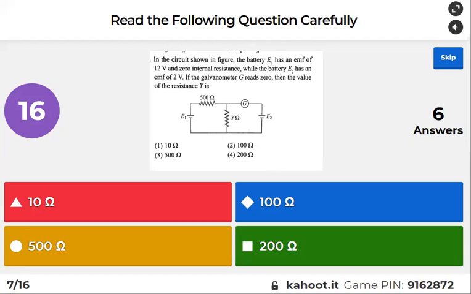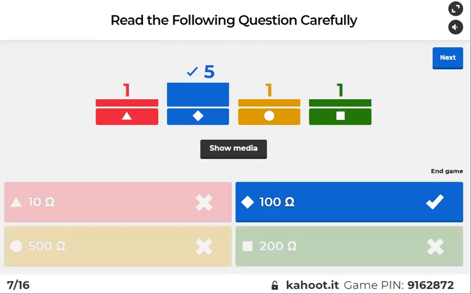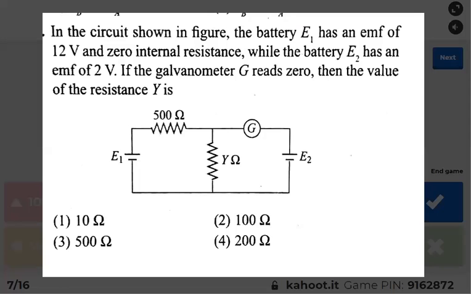Okay, Siddesh. Okay, Yasharan. Okay, the answer is 100 ohm, right? So let us see.